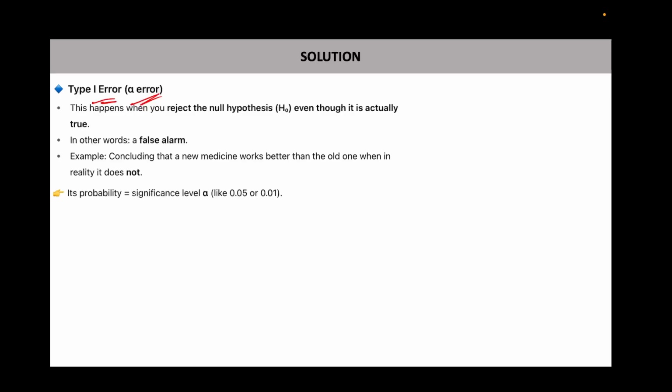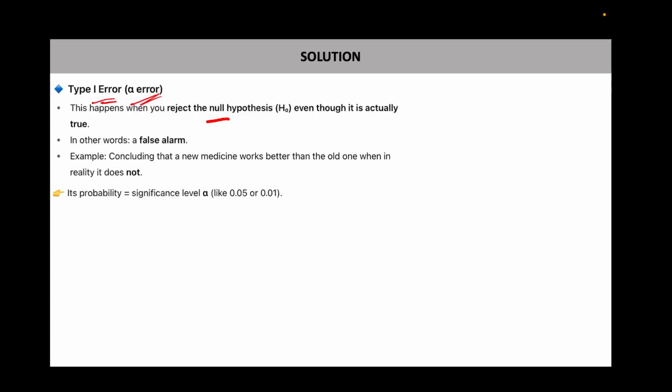In normal language, you can say that it's kind of a false alarm. If you take the same example of the medicine, you are concluding that the new medicine works better than the old one, when actually that is not the case. So we are saying that we reject the null hypothesis.